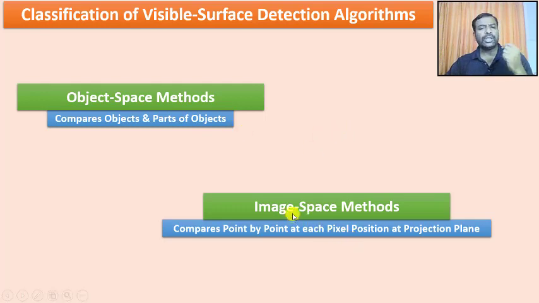In image space, we compare point by point, at each pixel position on the projection plane, because the entire scene is an image for me and I compare pixel by pixel to come to a conclusion about which object, or which part of an object, or which surface is visible and not visible.